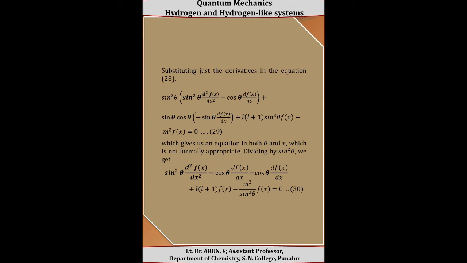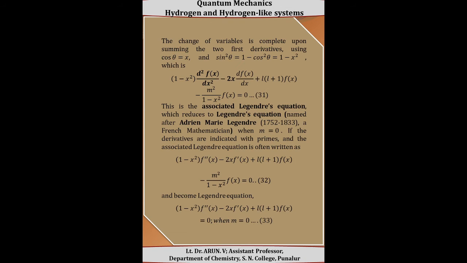So dividing by sin square theta, we get sin square theta d square f x by dx square minus cos theta d f x by dx minus cos theta into d f x by dx plus l into l plus 1 into f x minus m square by sin square theta into f x, that is equal to 0.